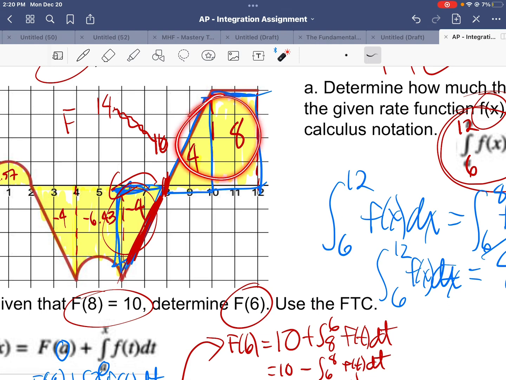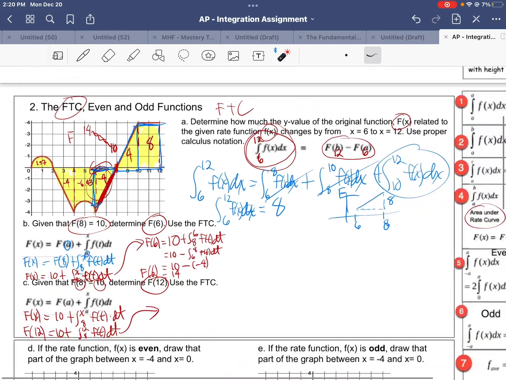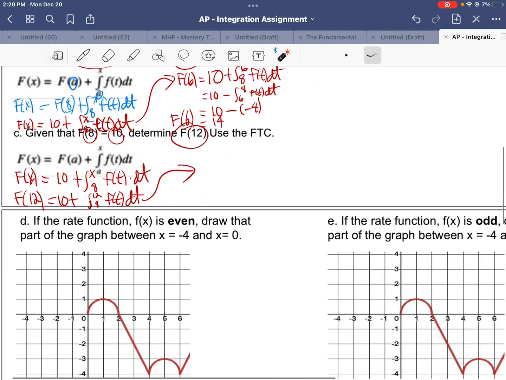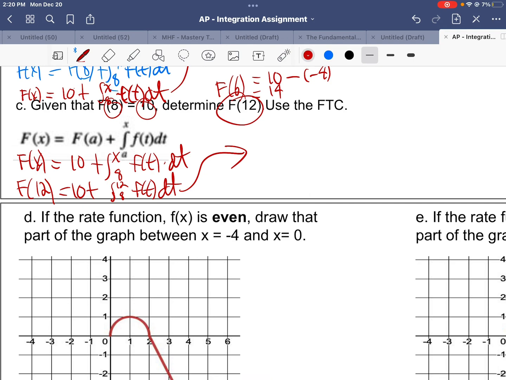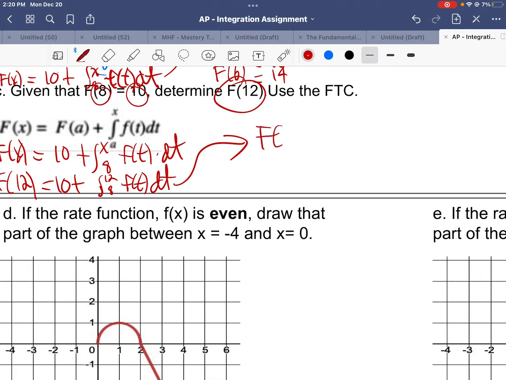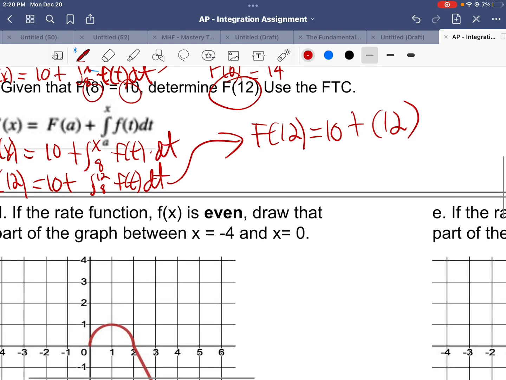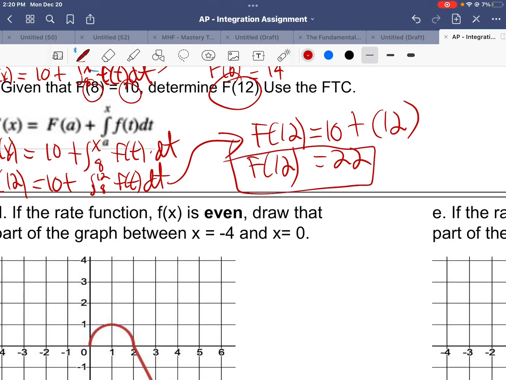Since the area is 12, that means the y value on the original increased by 12, because the rate here is positive. So now F at 12 will be 10 plus 12. Again, this right here is 12, which is 22. So F at 12 is 22.